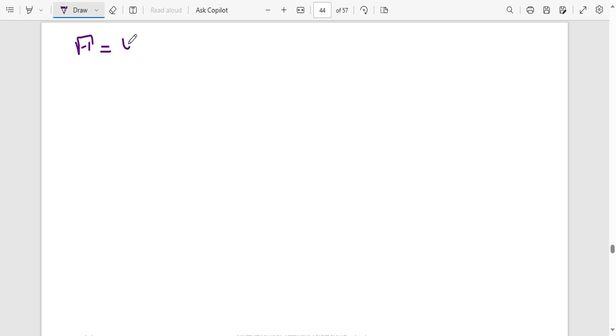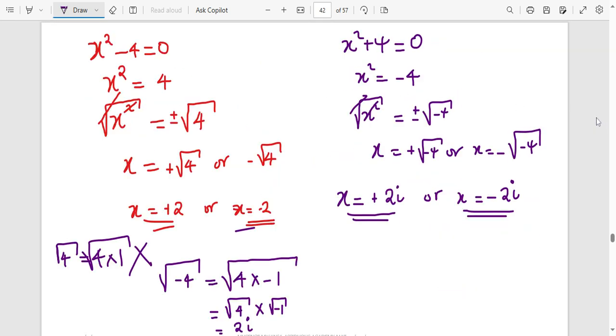Okay, just an i, you guys. Why have you forgotten? We said square root of 4 is 2. Square root of negative 1 is i, so that gives us 2i.